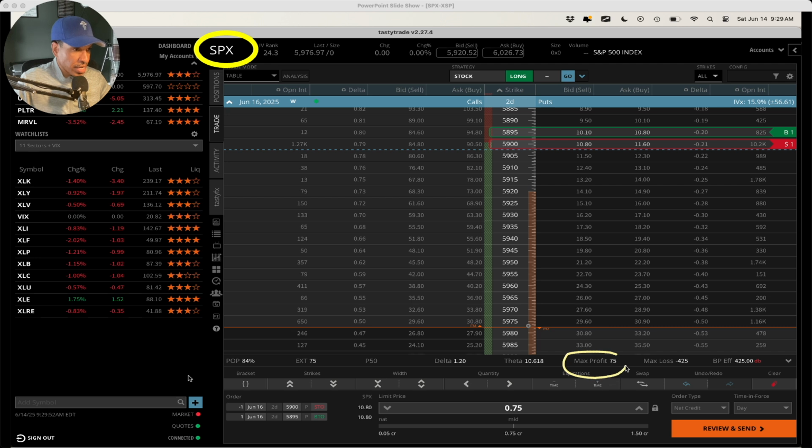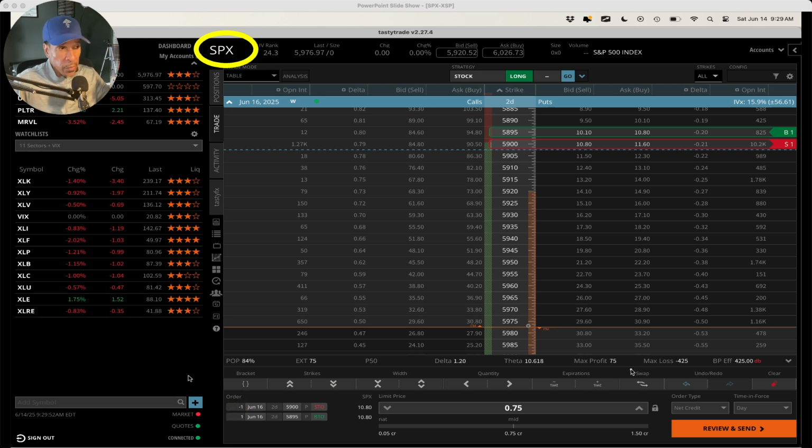The credit here is $75, and we have a credit spread of 5, right? The multiplier for an option contract is 100. Why? Because an option contract controls 100 shares. So the spread is 5, the multiplier is 100. 5 times 100 gives us 500. So we have a risk of 500 if we're only doing one option contract.